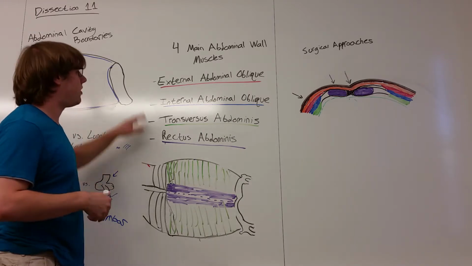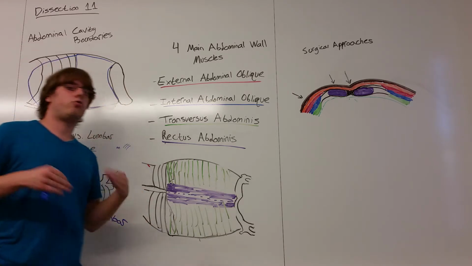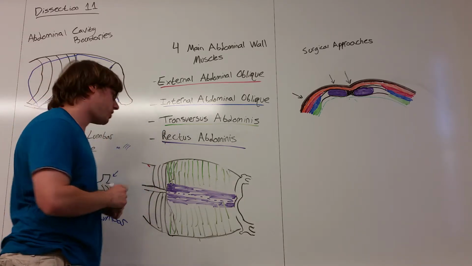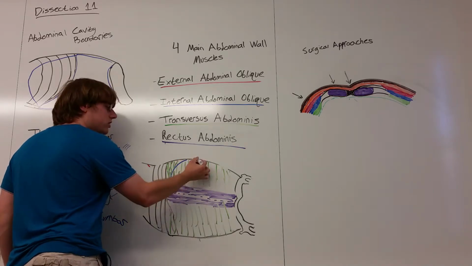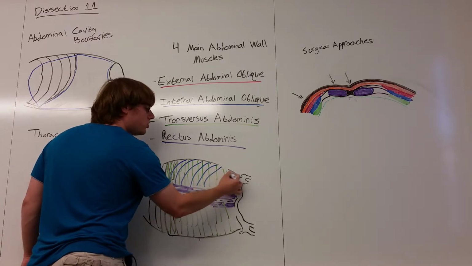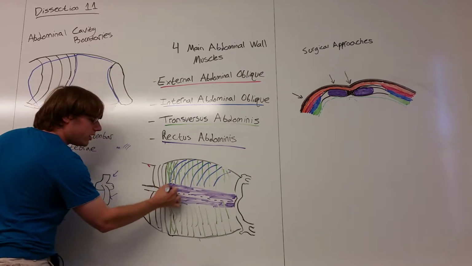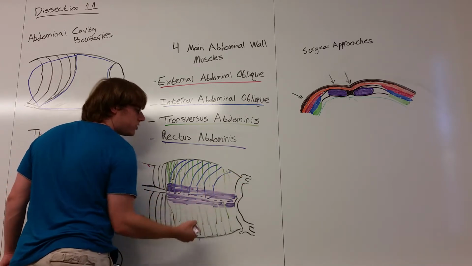So next up we have our internal abdominal oblique. The internal abdominal oblique runs in a cranioventral direction, meaning the muscle fibers will run in this direction like so. Its attachments will be to the linea alba via aponeurosis for its medial attachment.